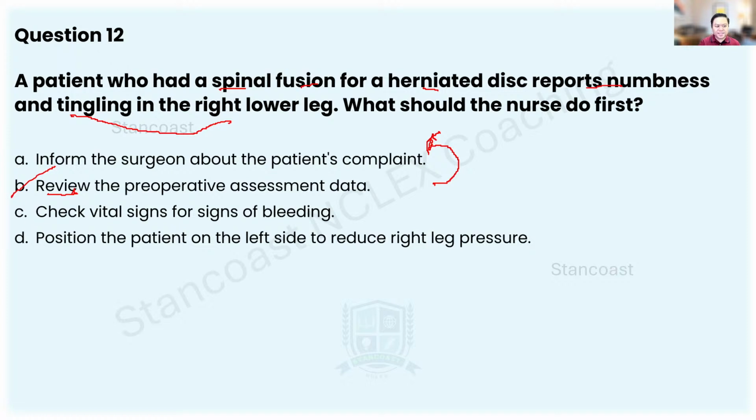Yes, this is important, but it does not address the specific neurological symptoms that we have described in the scenario. It will not give us a better idea regarding the changes. All right? But again, the numbness and tingling sensation are not closely related to hemorrhage.